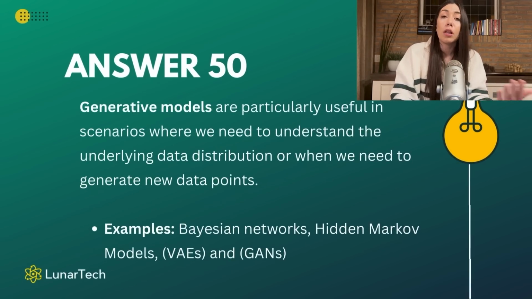Think about clustering, think about outlier detection or dimensionality reduction or some data generation. All these cases can be considered unsupervised learning tasks, and generative models are great at doing so.